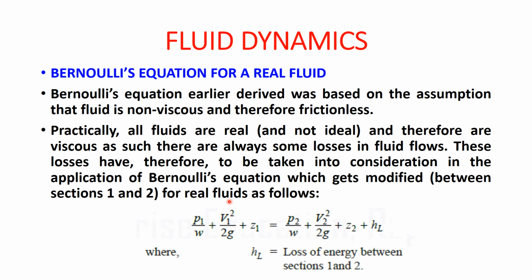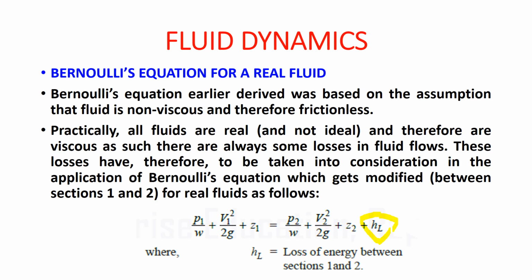See the equation again. P1 by W plus V1 square by 2G plus Z1 is equal to P2 by W plus V2 square by 2G plus Z2 plus HL. So what is this HL now? This HL is nothing but the loss of energy between sections 1 and 2. Whenever we apply Bernoulli's equation, it will give us the value of the head loss due to friction.